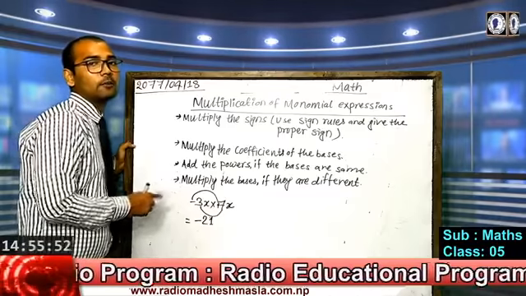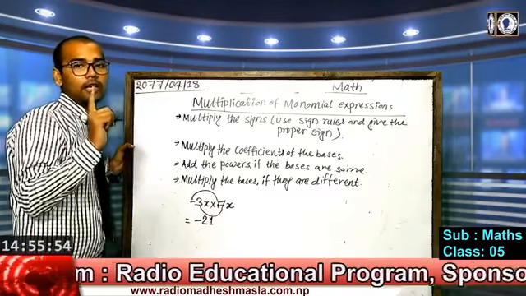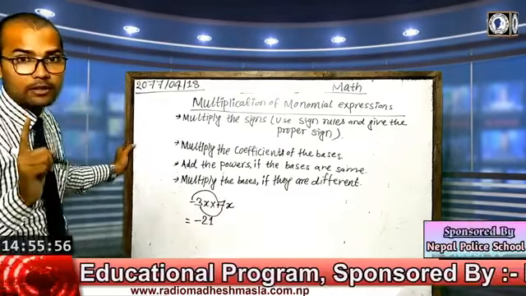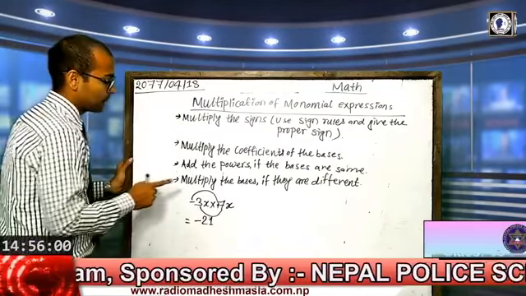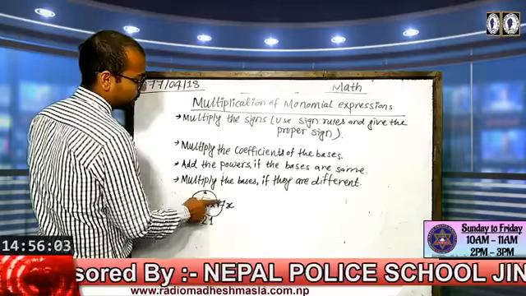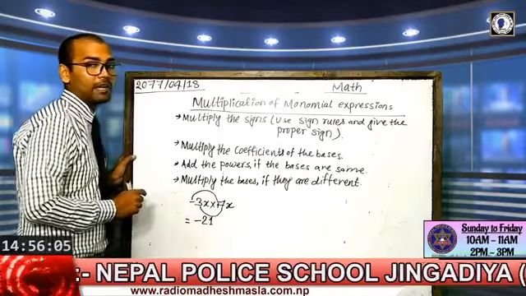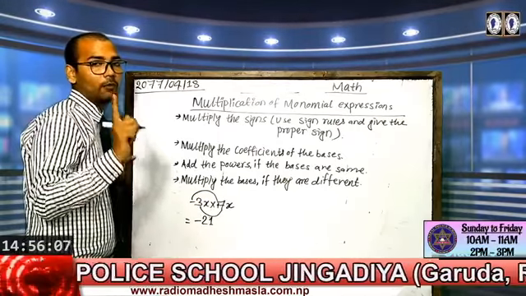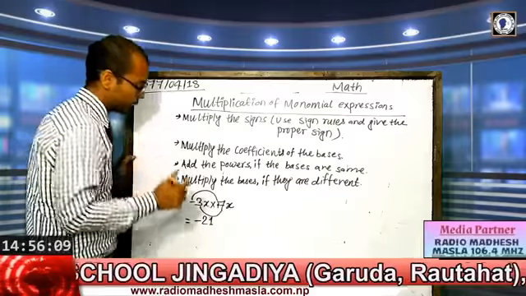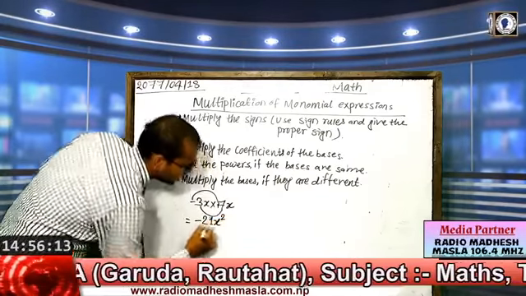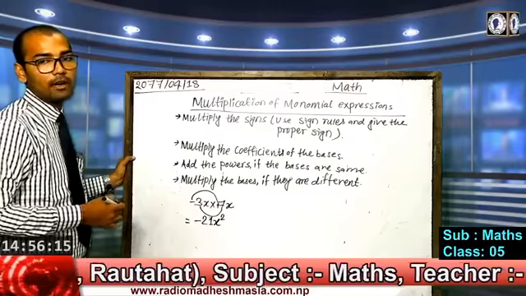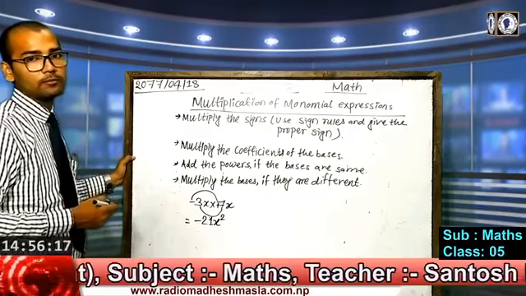It means we suppose there is one power. So 1 plus 1 is equal to how many? 2. So x to the power 2. I hope you understood about it.